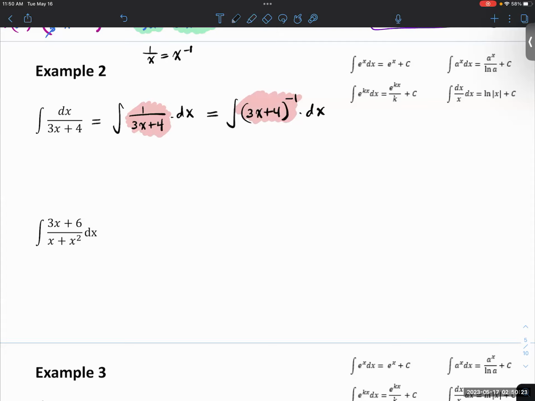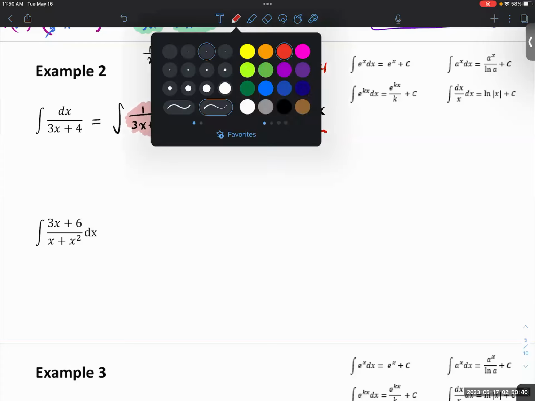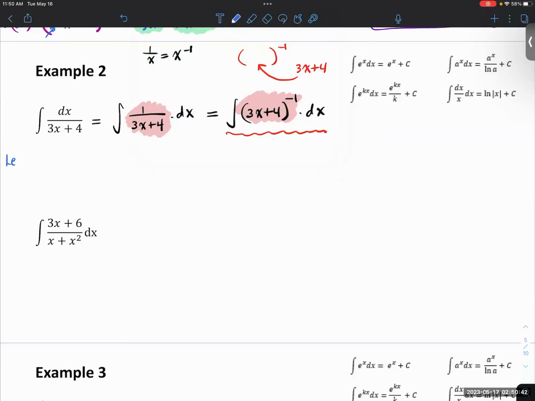So by looking at this format, now you see that we have a -1 power function and 3x plus 4 has been subbed there. You can use a u substitution. Beautiful. So right there, let u now become 3x plus 4.